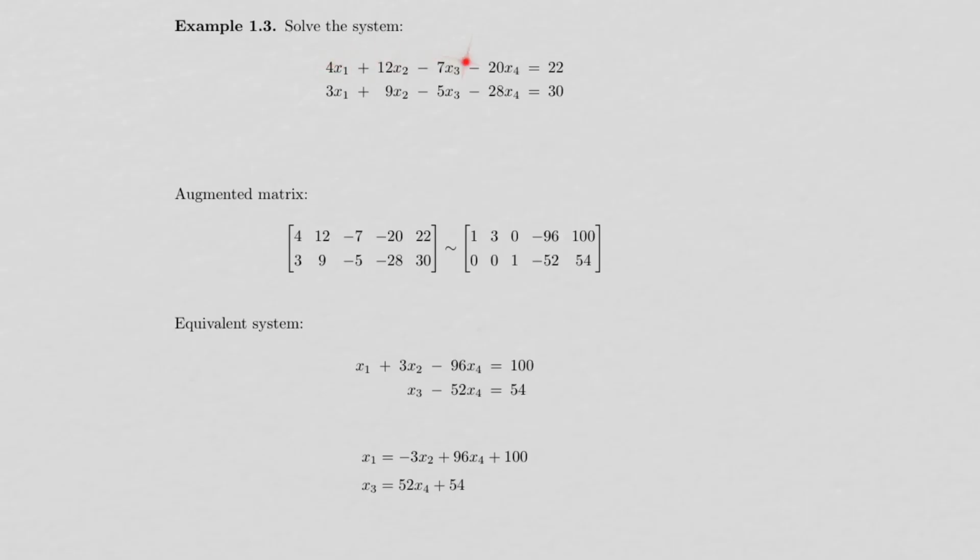So just going across the system, 3, 12, 9, minus 7, minus 5, minus 20, minus 28, 22, 30. We'll reduce it on your calculator or the computer and identify your pivots. There's a pivot, there's a pivot. So I only have 2 pivots in this augmented matrix.